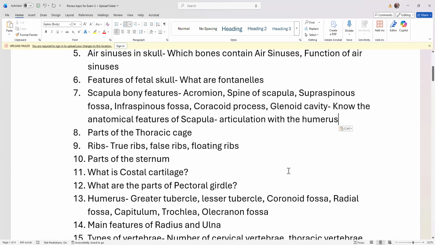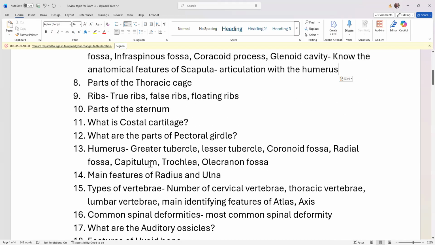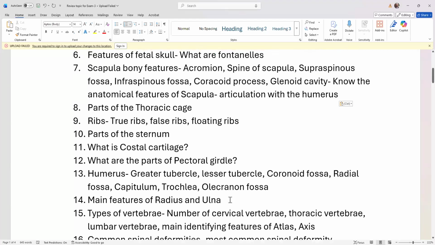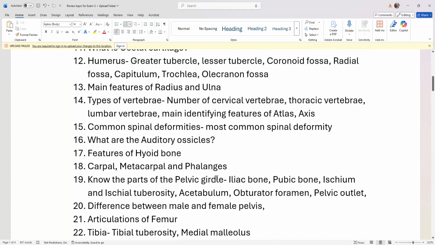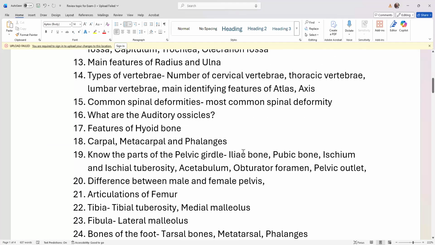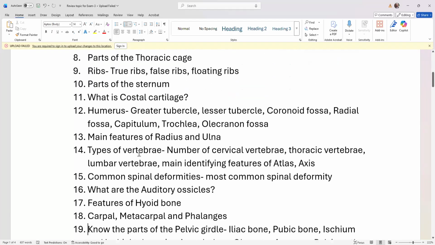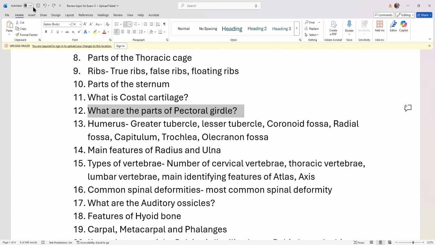So here, and here we have some parts of the pectoral girdle. Oh, that's correct.